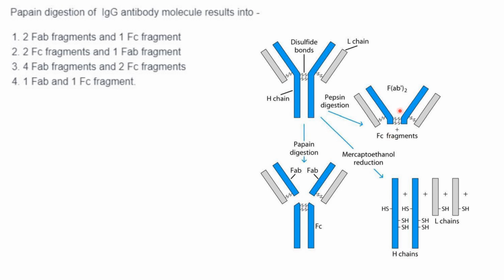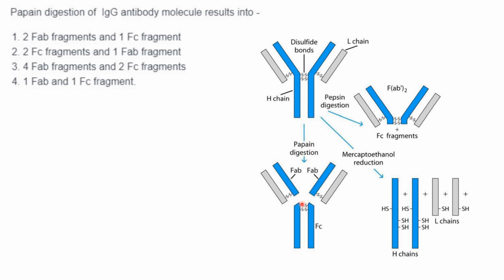The F(ab')2 is a Fab-like fragment and it can bind antigen. But the Fc fragments are usually not recovered during pepsin digestion because they have been digested into multiple fragments.